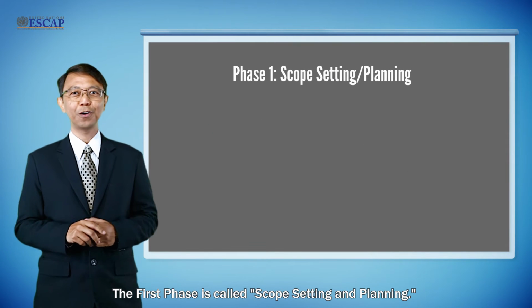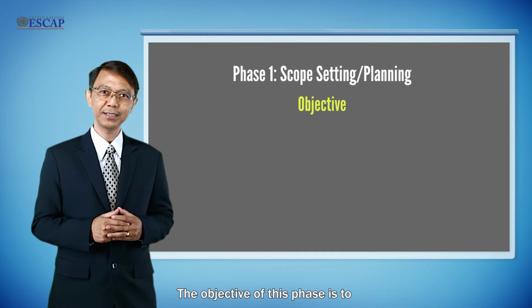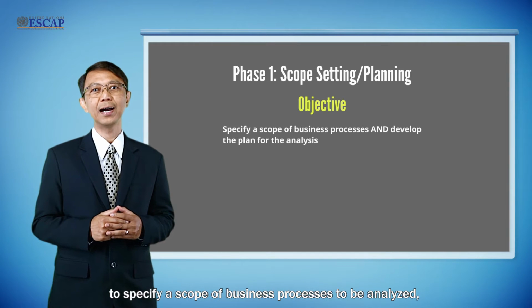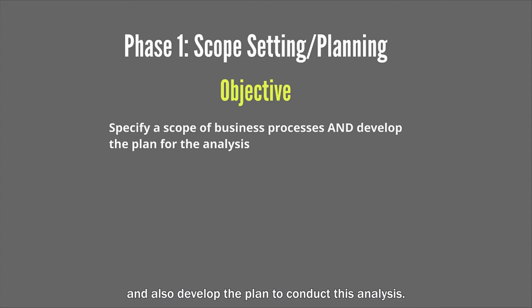The first phase is called scope setting and planning. The objective of this phase is to specify a scope of business processes to be analyzed and also develop the plan to conduct this analysis. Again, we may notice that the scope of a BPA project could be very specific or could be very broad.